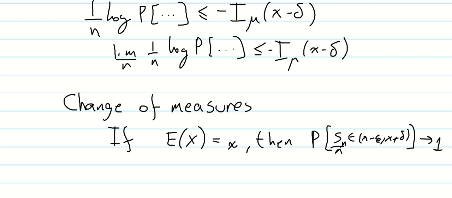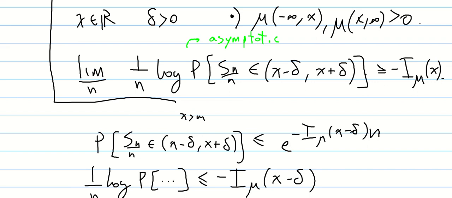So this is a good lower bound. It goes to 1. But I don't know if this is the case. Maybe it's not. I mean, the theorem is much more interesting when this is not the case, because when this is the case, this is going to be 0, and you got nothing.